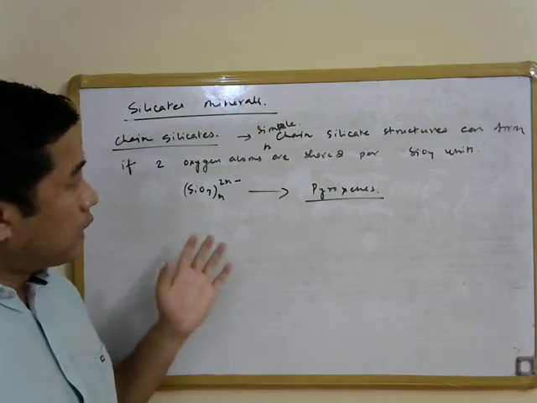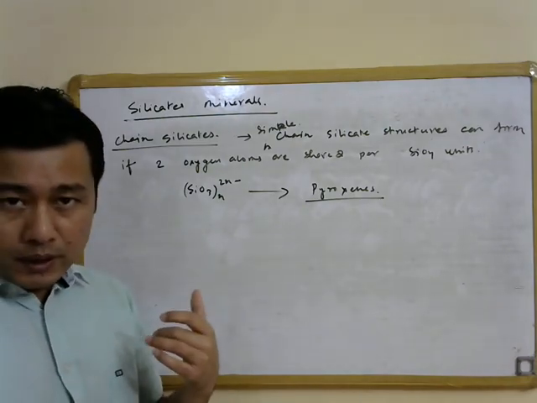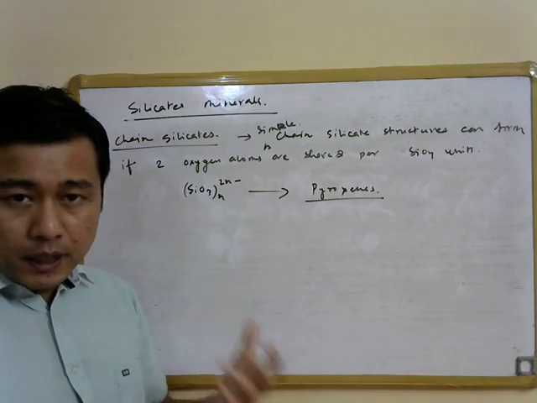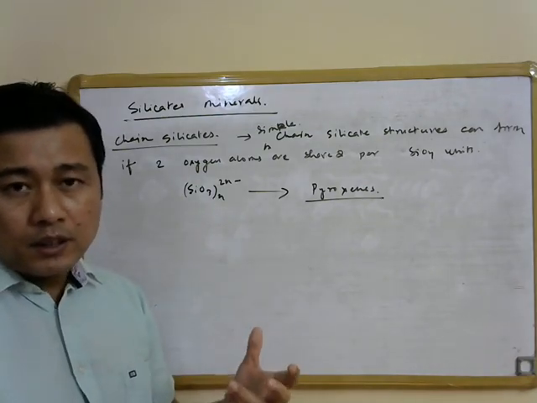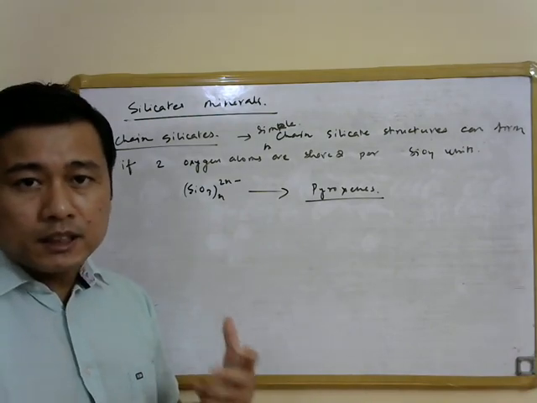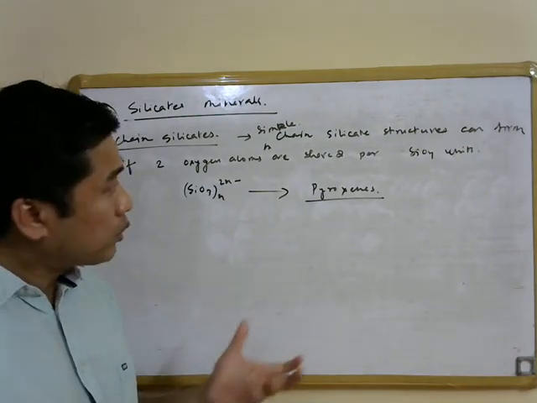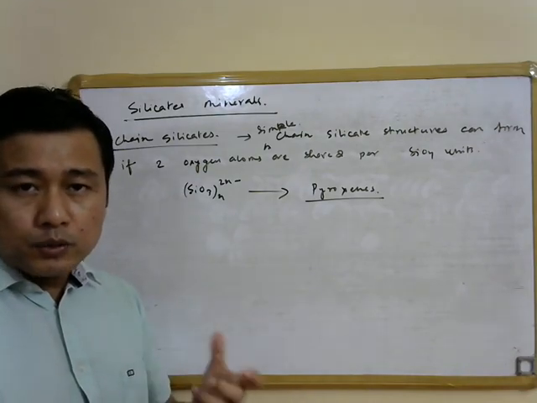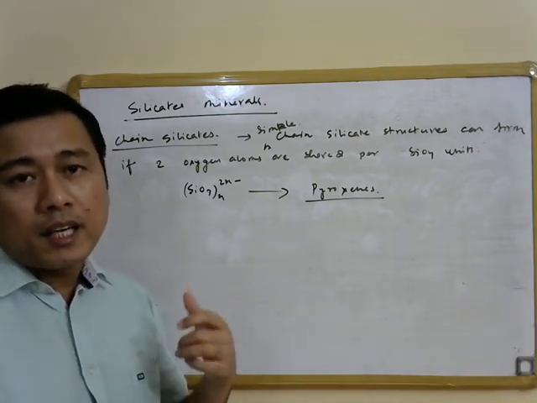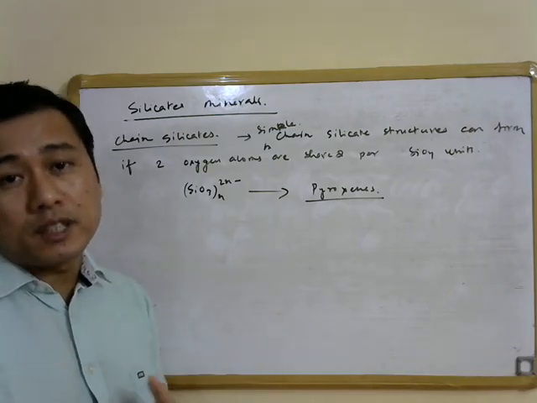And after how many units the same type of SiO4 unit appears again decides the kind of structure, and the most common is where the SiO4 unit of the same type appears after every alternate SiO4 group.